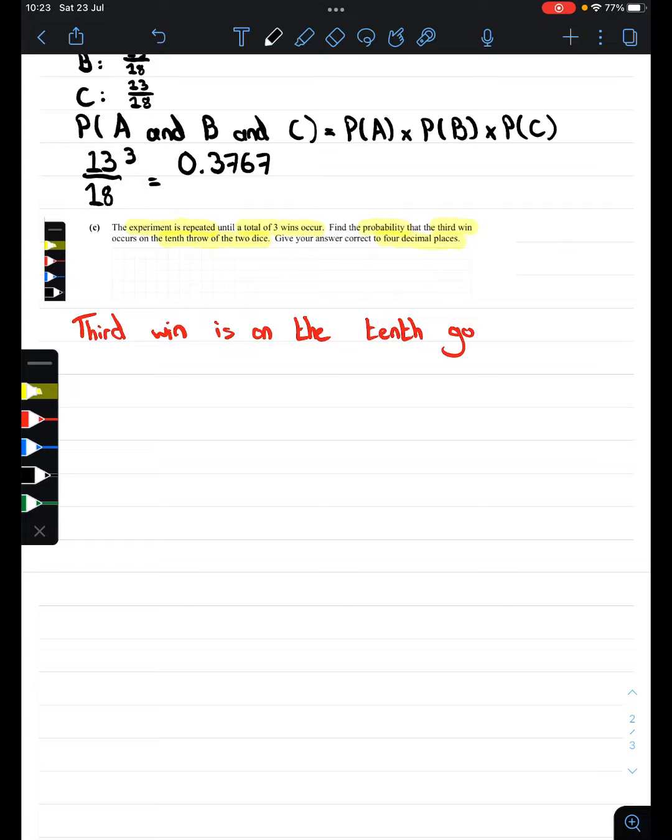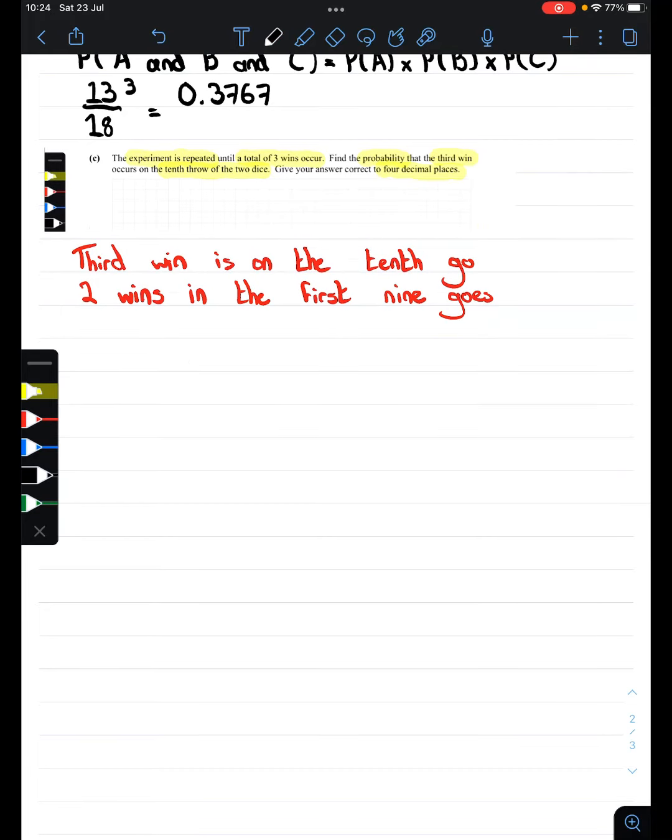So there are 2 wins in the first 9 goes. So that means there's 7 losses in the first 9 goes.